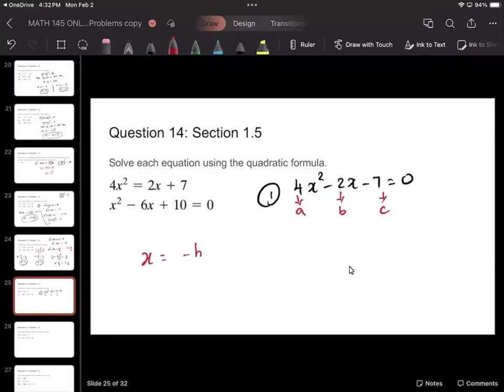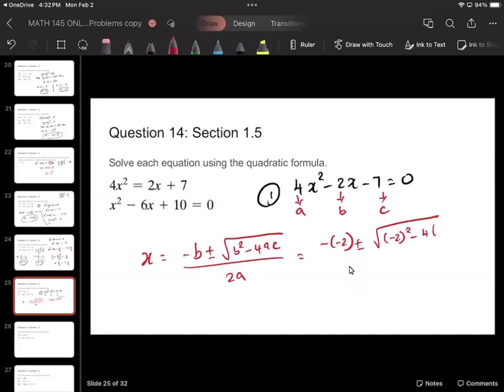X equals negative b plus or minus square root of b squared minus 4ac all over 2a. So my b is negative 2, so negative b is 2 plus or minus square root of negative 2 squared minus 4 times negative 7, all over 2 times 4.